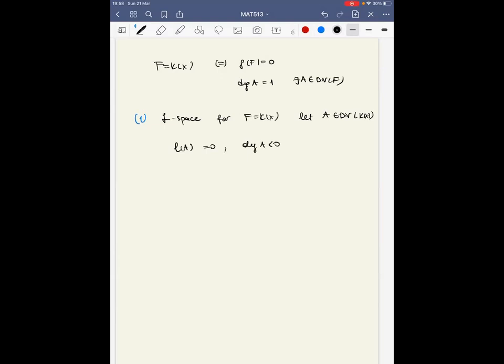From the general theory, we know that it is a trivial space and is of dimension 0.